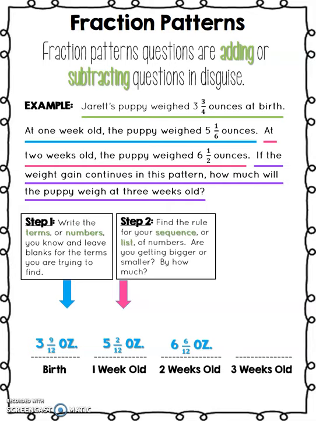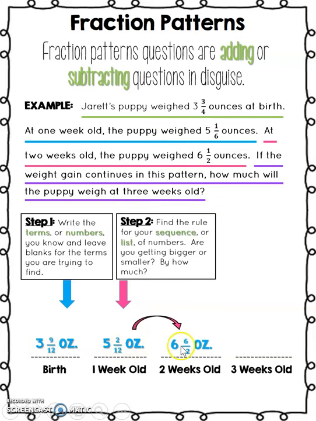Now, to figure out my rule, I need to compare two of these numbers. I'm going to look at the difference between the puppy's weight at 1 week old and at 2 weeks old. Now, you could pick any two numbers that are right next to each other, but I picked these two because it will be pretty easy for me to figure this out in my head. Starting with the fractional part, I can see that I go from 2/12 to 6/12.